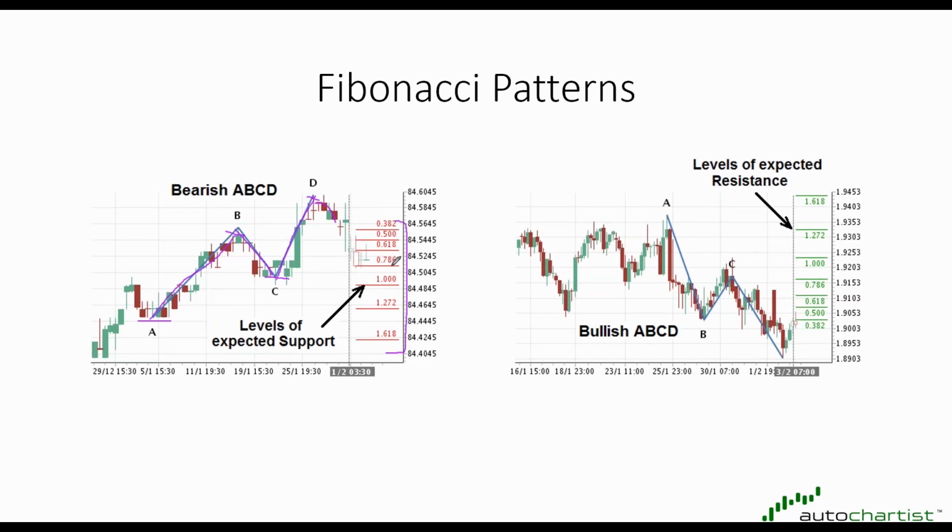So we're expecting the price to turn around at, well, this is identified around over here. We expect it to turn around at 0.5 or 0.618 or 0.7 or 1 or 1.272 or 1.618, right? So at one of these points, we feel that the price is going to turn around. That is what this is saying to us.